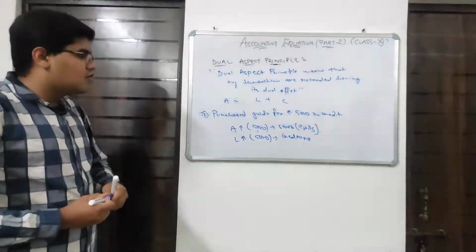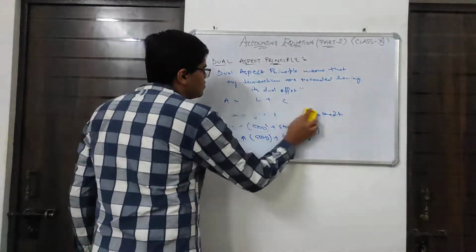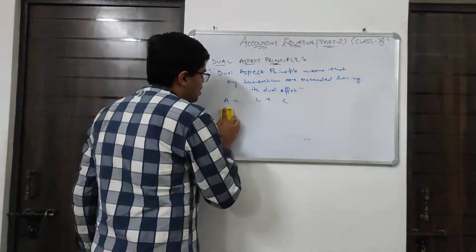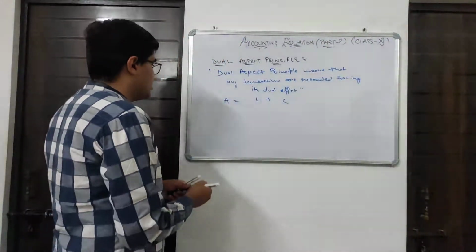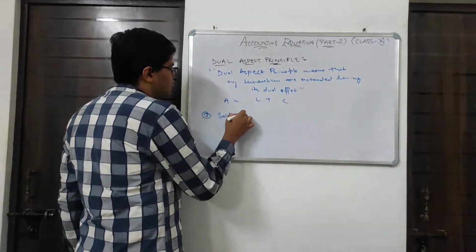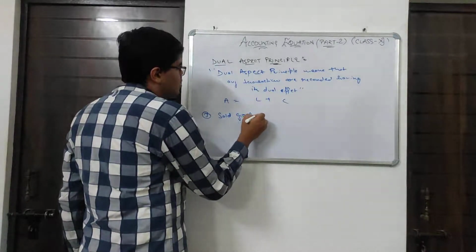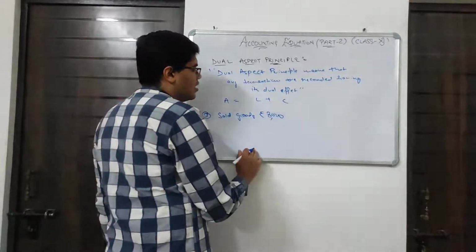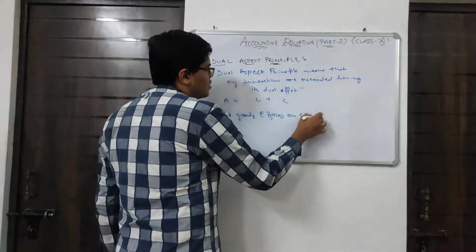Now moving on to the third example. Our third example is sold goods rupees 8,000 on cash.